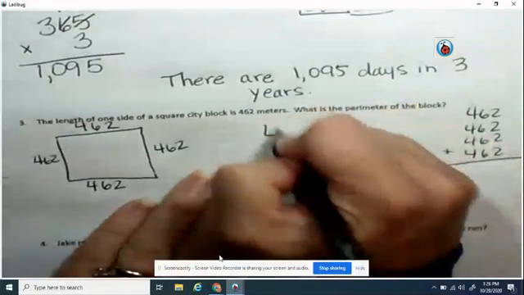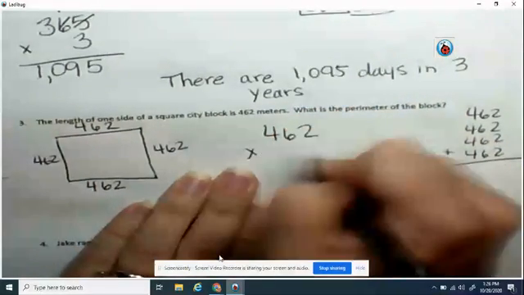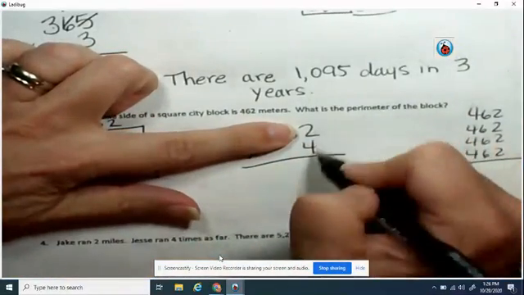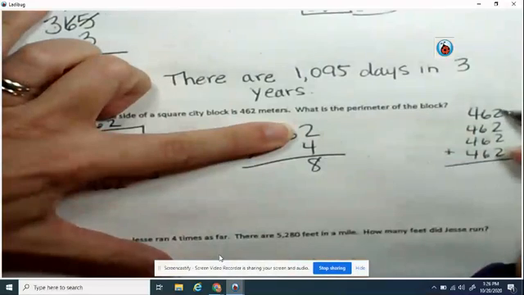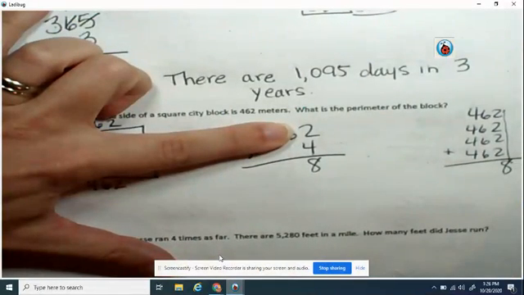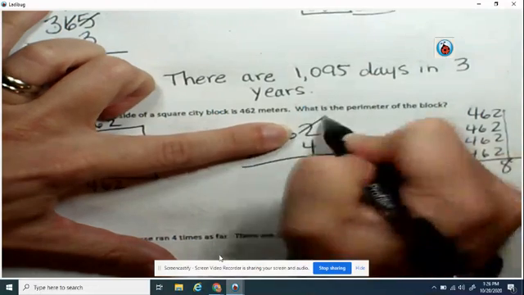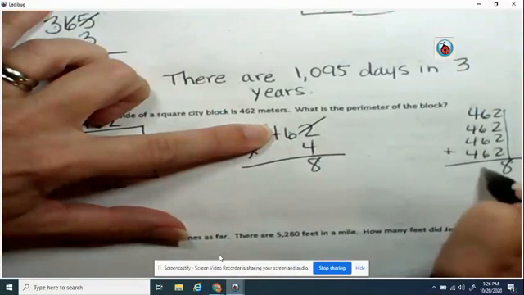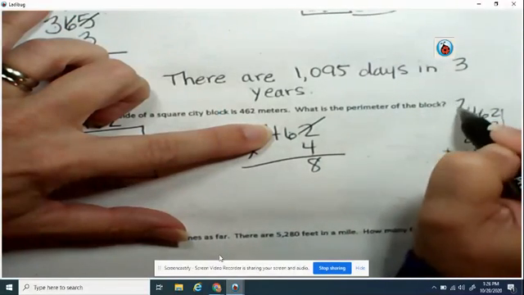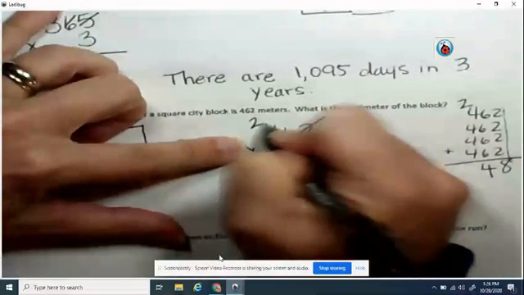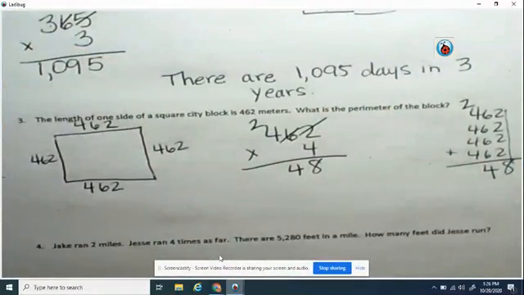So if we do 462 times 4, okay, we're going to start with our ones place. 2 times 4 is 8. Down our ones, move to our tens. 6 times 4 is 24. We're going to put the 4 here and the 2 up here, just the same as with addition. We're done with our tens place.